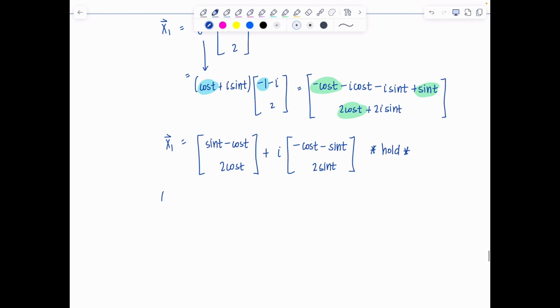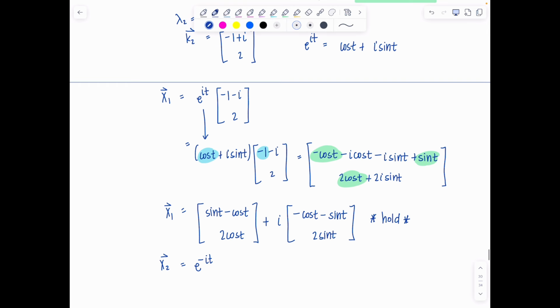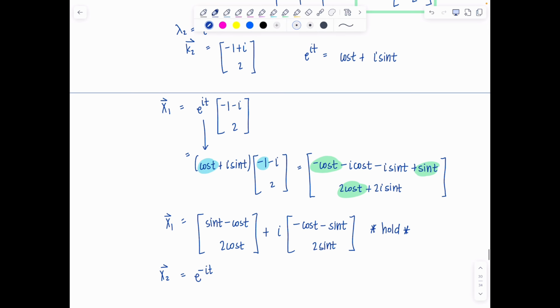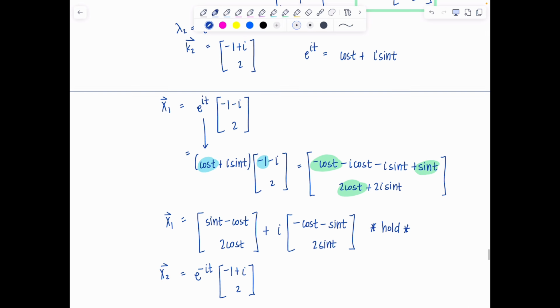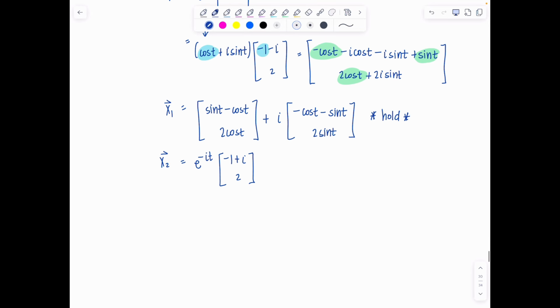So x2, it would be e to the negative i times t, and then where was k2? There it is, right? Negative 1 plus i and 2. Okay, so same thing. We're going to replace e to the negative it with what? Okay, maybe off to the side, let me help you guys.